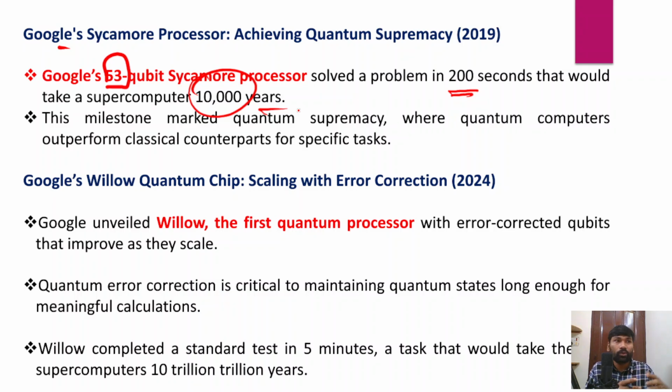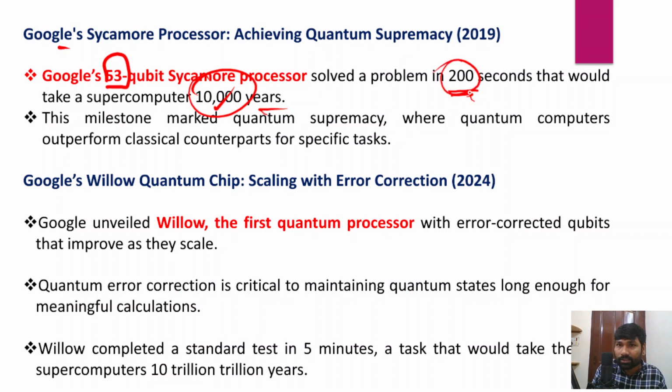For example, in India, we have supercomputers like Param Shivay, and there are others in Japan, China, and the US as well. Those supercomputers would take around 10,000 years to process some information, but Google's 53 qubit Sycamore processor solved it in just 200 seconds.